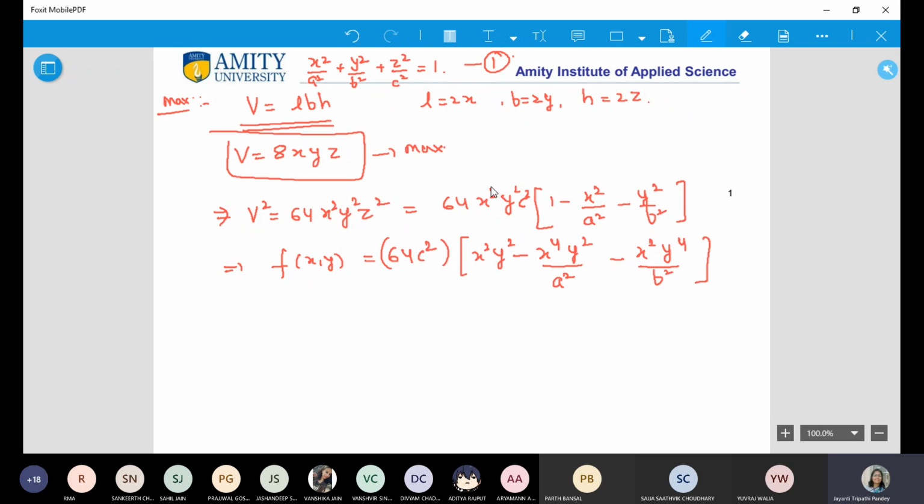Now you have to look for maxima for this. Wherever f is maximum, V will be maximum. Is it agreeable? Wherever f is maximum, V will be maximum there. Yes, ma'am. So please try and find the maxima for this.